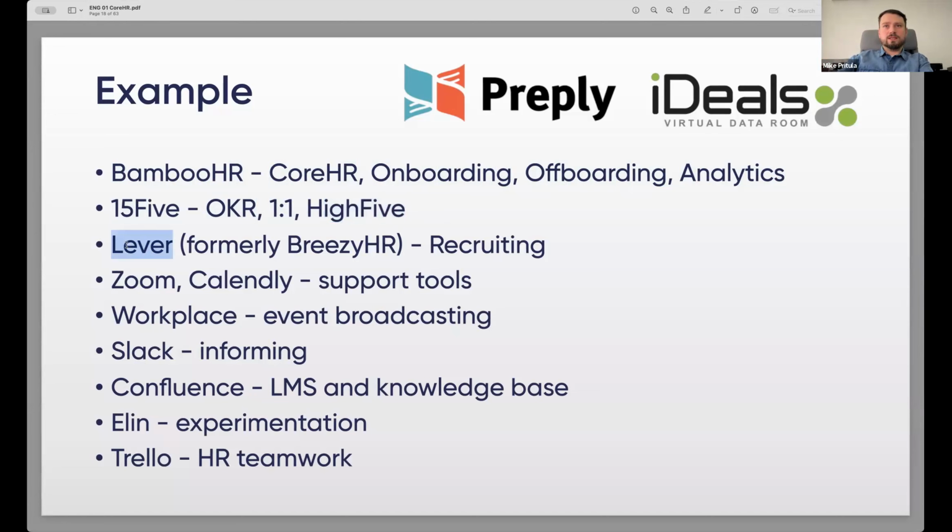Then we used Lever. Actually, we started from Breezy HR in Preply, then we replaced Breezy HR with Lever, and at Ideals we used Lever for recruiting. Zoom and Calendly were our supporting tools for communications and interview scheduling. Workplace by Meta was for event broadcasting.